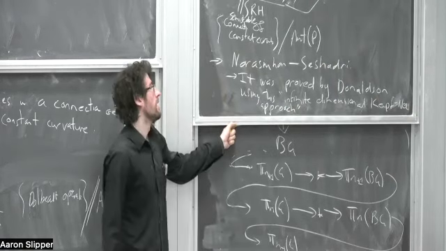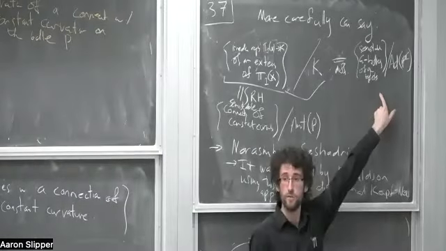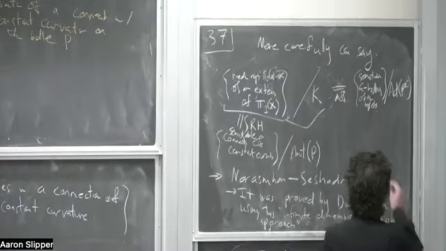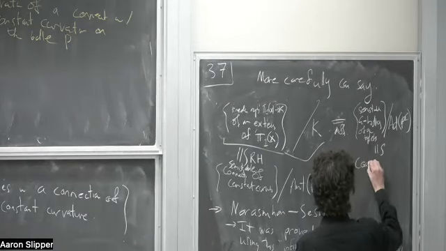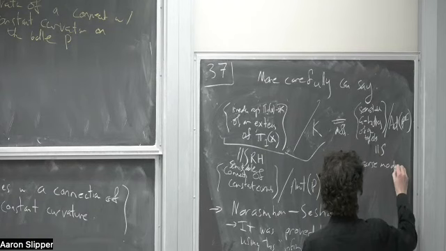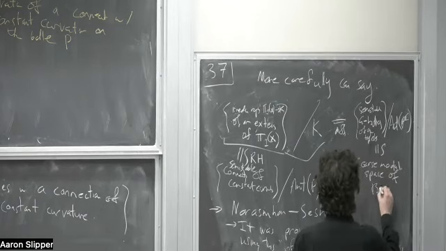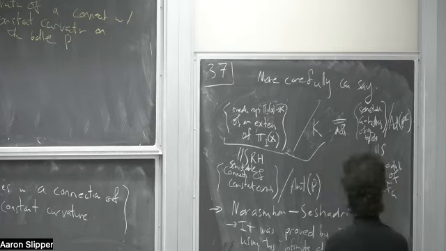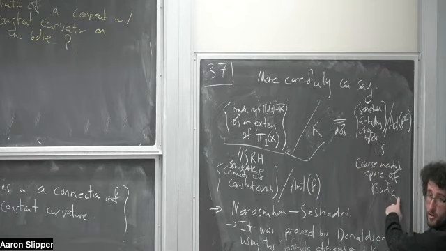And from our point of view, you should think about this as the coarse moduli space of Bun_G^tau, where tau is the topological class of the G-bundle.